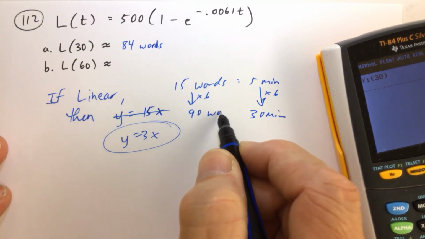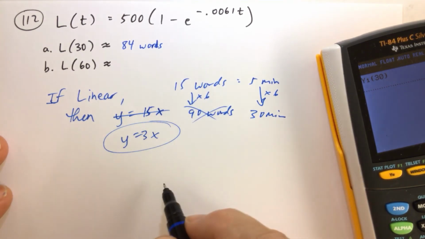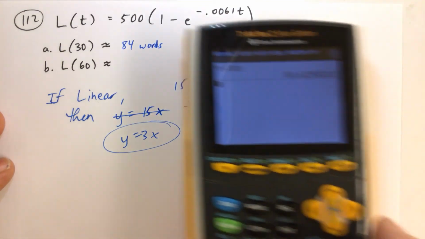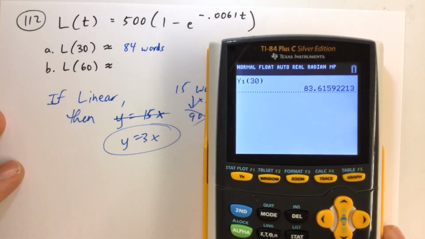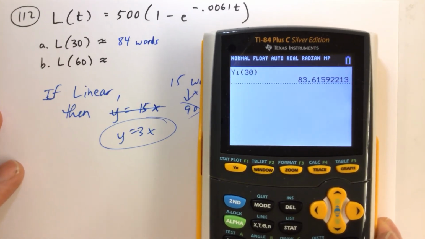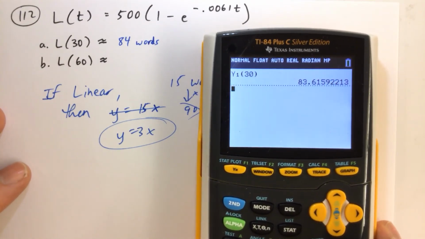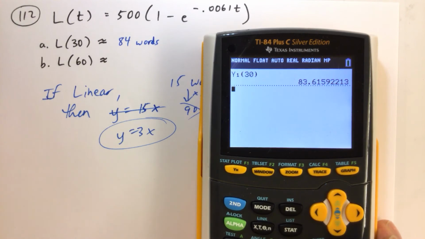But it's not 90 words because it's not linear. So please keep that in mind. Try to understand what's happening concept-wise: we're not learning words at the same rate.